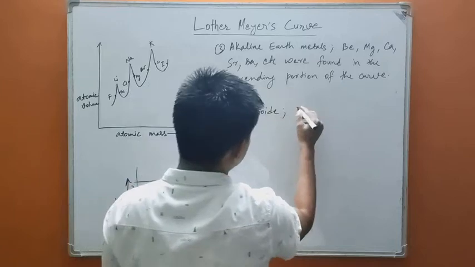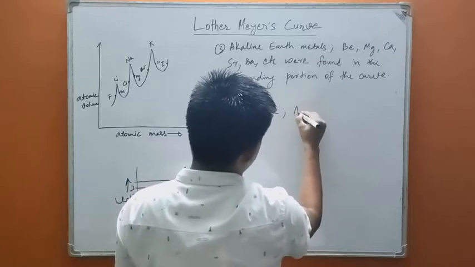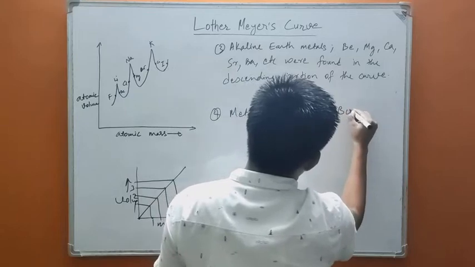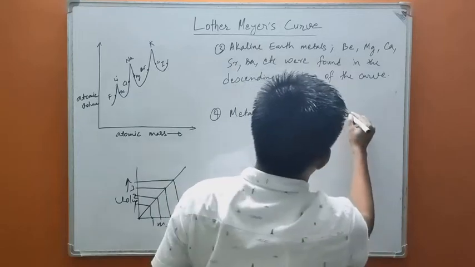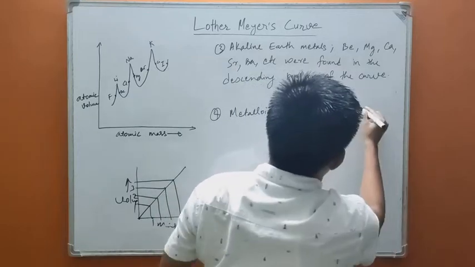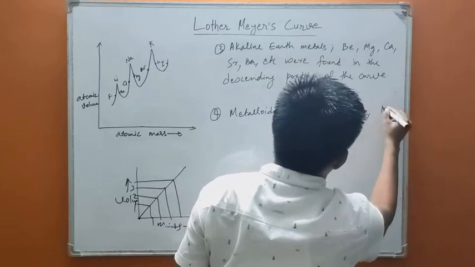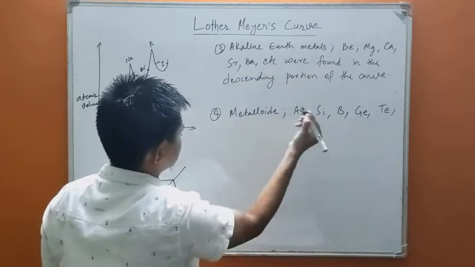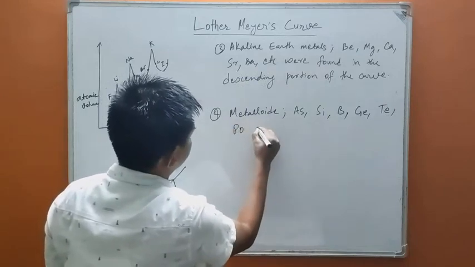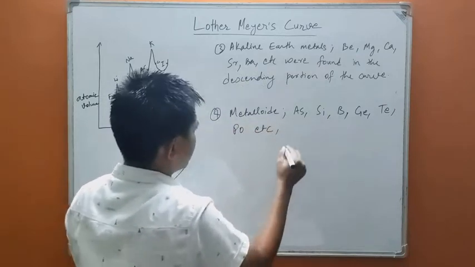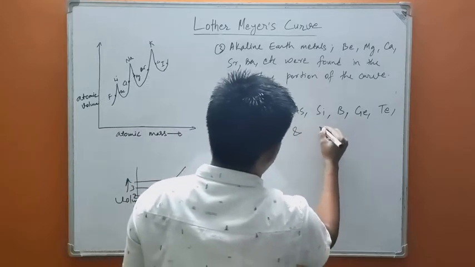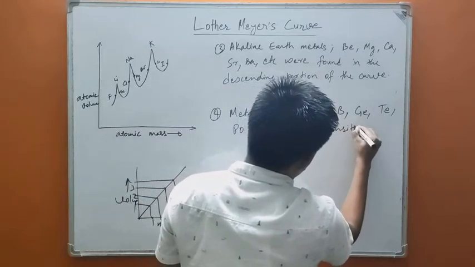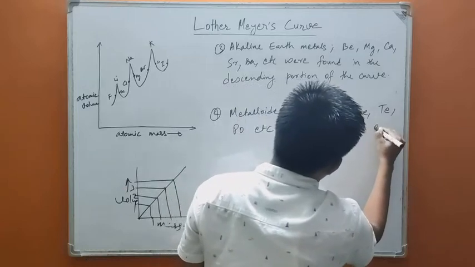Example: arsenic, silicon, boron, germanium, tellurium, polonium, etc. and transition metals, transition elements.